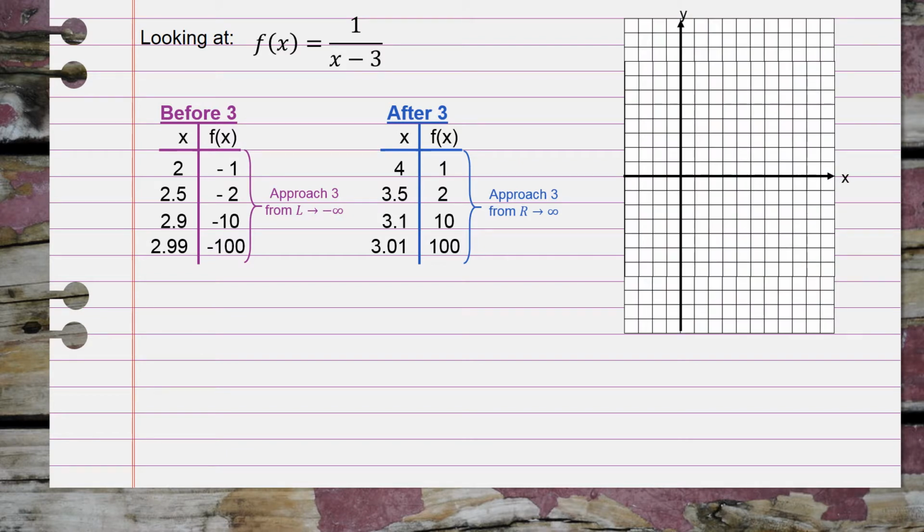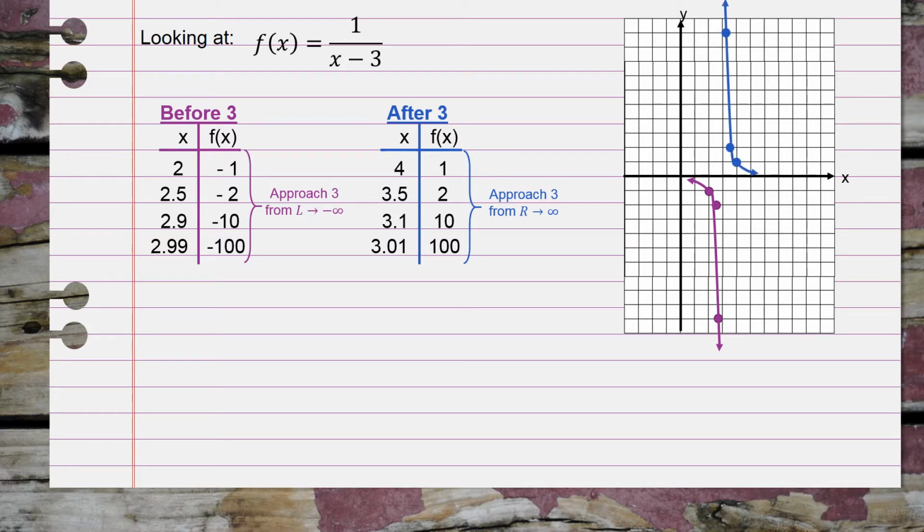So since we have these t-charts, we are going to graph them. The majority of the points are realistic. We are not going to include the points that go all the way up to 100 or negative 100, but the other ones are reasonable. Take a moment now to plot the other points. For the values before 3, your graph should look similar to mine.